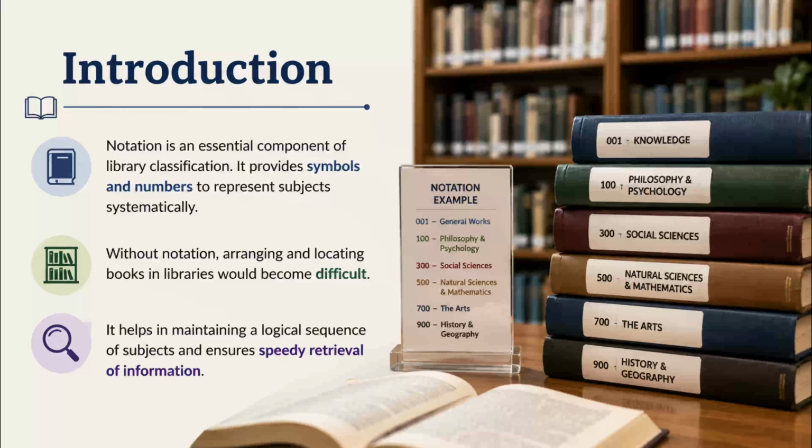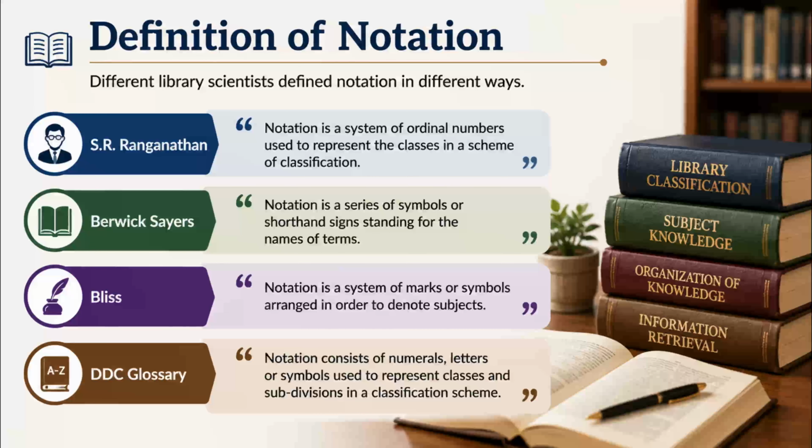Now let us look at some important definitions given by famous library scientists. According to S.R. Ranganathan, notation is a system of ordinal numbers used to represent the classes in a scheme of classification. Berwick Sayers defined notation as a series of symbols or shorthand signs representing subjects.